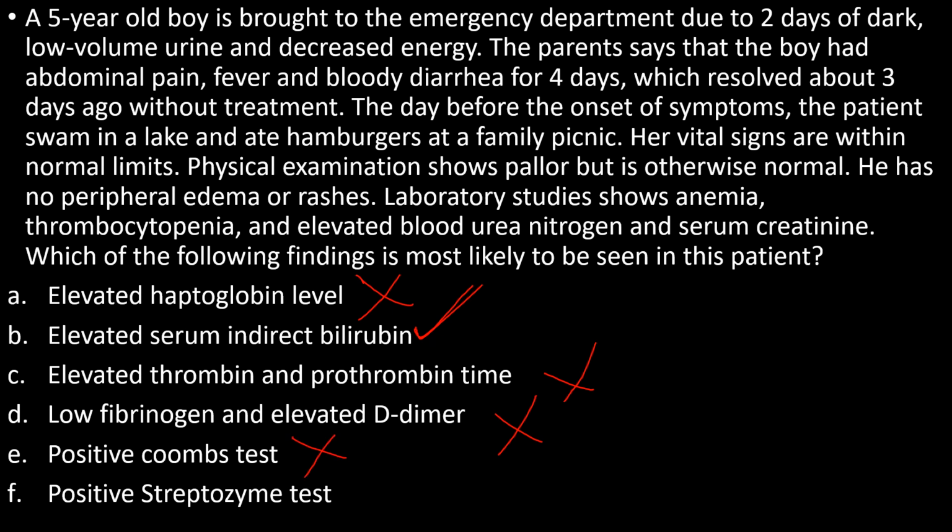Streptozyme testing detects antibodies against group A streptococcus and can be used to retrospectively diagnose streptococci infection, for example when evaluating for post-streptococcal glomerulonephritis. However, children with post-streptococcal glomerulonephritis have edema and hypertension but no hemolytic anemia. Therefore, the option F is also not suitable.